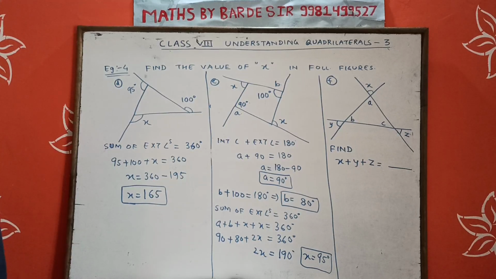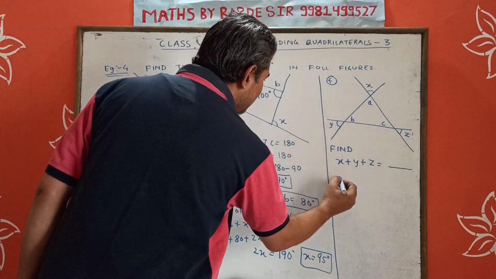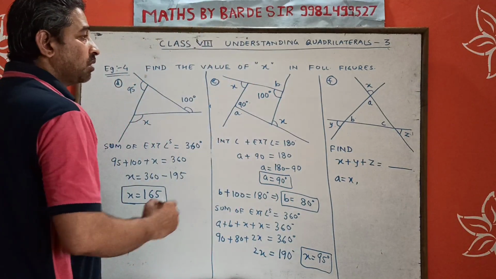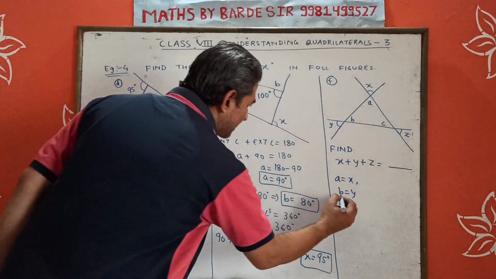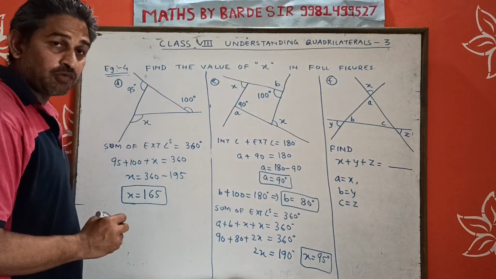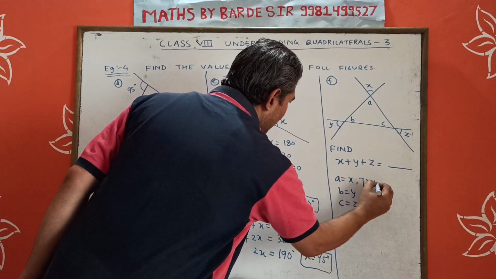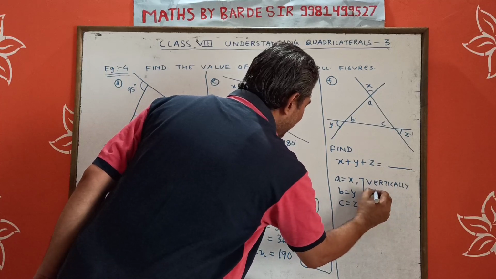So what we need to do, now these angles, A is equal to x, B is equal to y, C is equal to z. Okay? Why? Because these are vertically opposite angles.